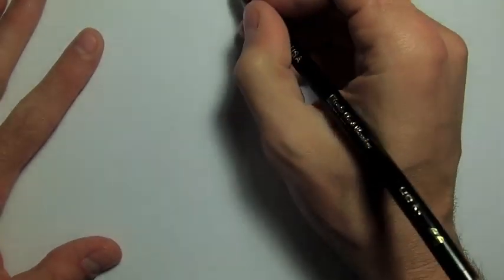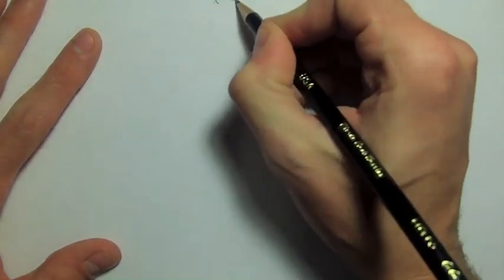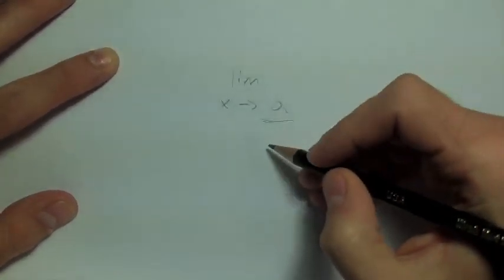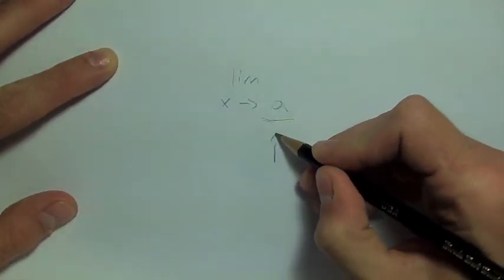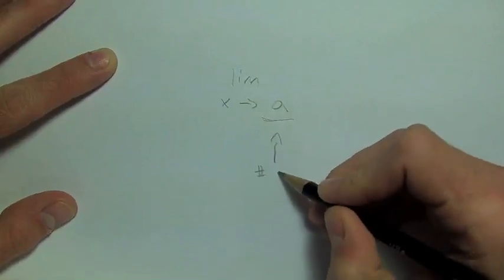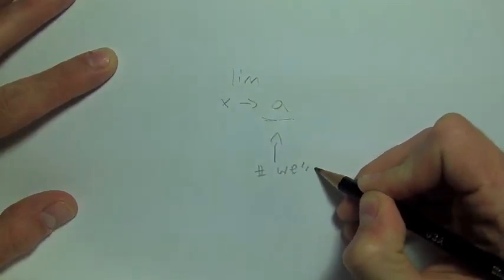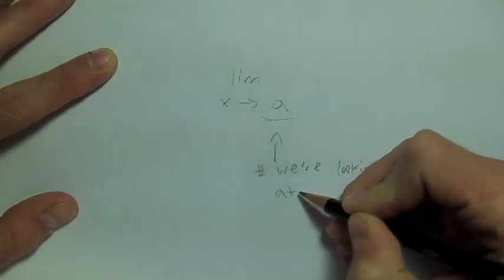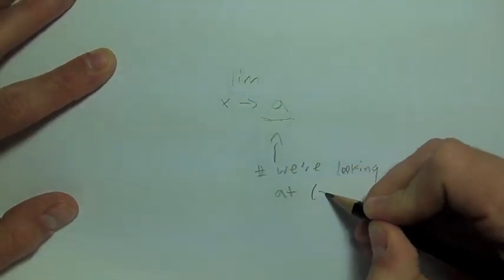So, for example, here, this limit as x goes to a, this right here is the number we're looking at, specifically x values.